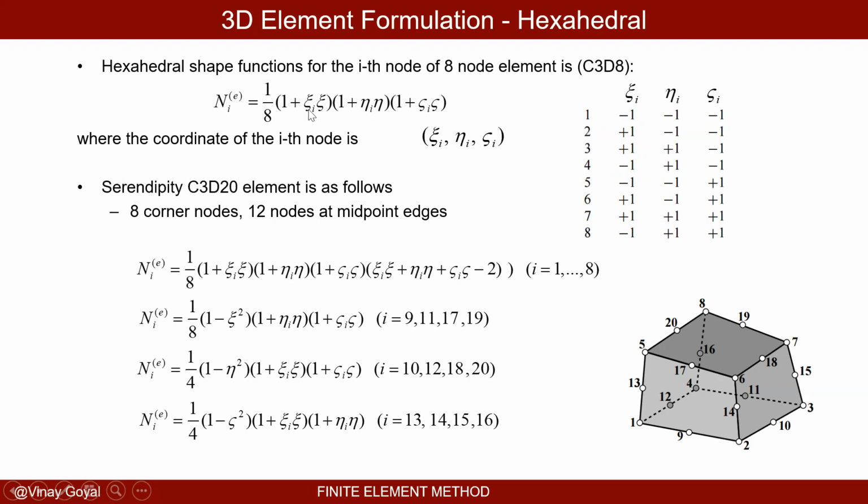So N2, and then I can plug in each of these values into this here, and so forth. I can then get my 8 shape functions. I apologize. So this is how you will do that. You can check yourself that the 8 shape functions meet the partition of unity and also satisfy the Kronecker delta properties. The C3D20 element is more complicated but not too difficult.